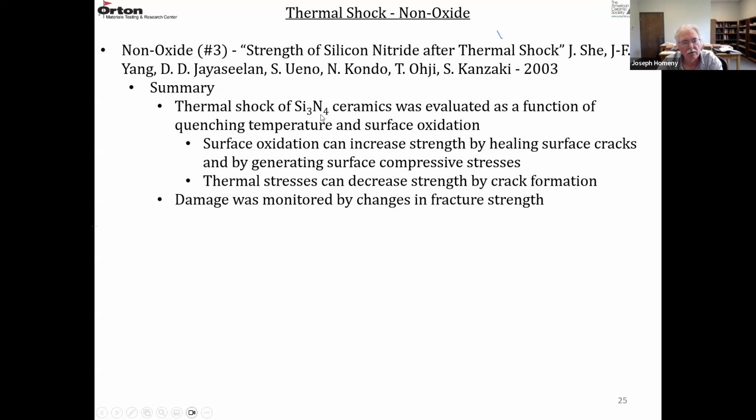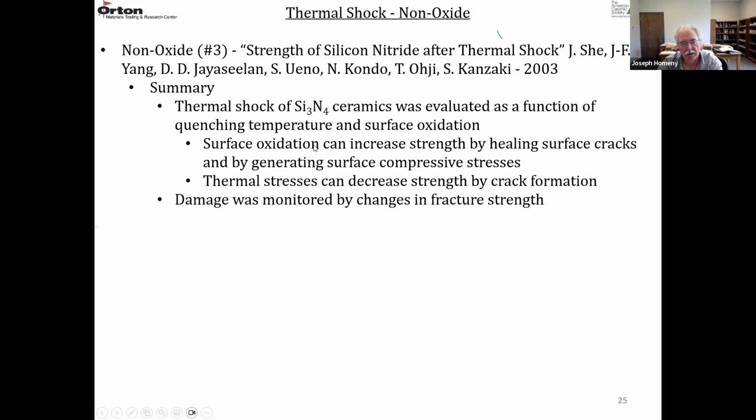So when you oxidize Si3N4, you're going to form a silica SiO2 layer, and that viscous layer can heal cracks. It can also generate compressive stresses on the surface. So thermal stresses, which would be the opposite effect of surface oxidation, will decrease the strength by forming cracks.